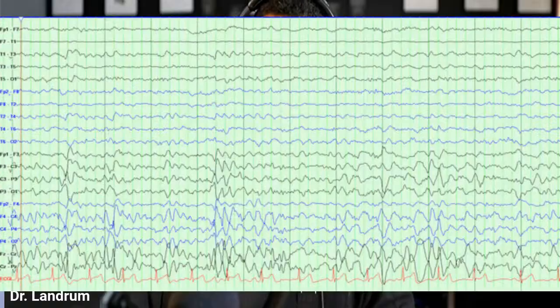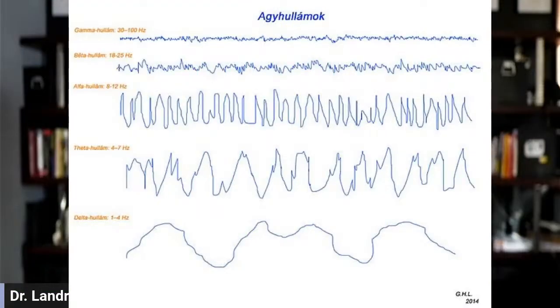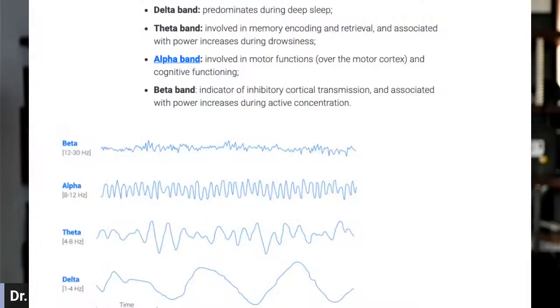And the QEEG takes all of this data that we have here, and it then tries to say, what are the waveforms that are fast, that are slow? Do we have something called a beta waveform, a gamma waveform, an alpha waveform, a theta waveform, a delta waveform? And why are those things important? Because they have meaning. When we look at a slow waveform, like a delta, it's what's present during deep sleep.